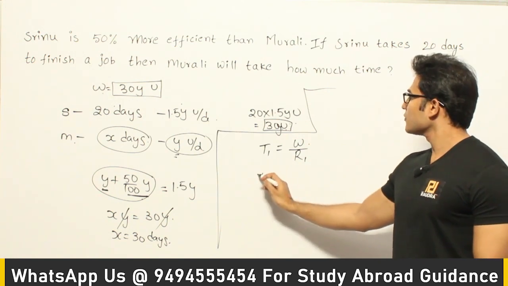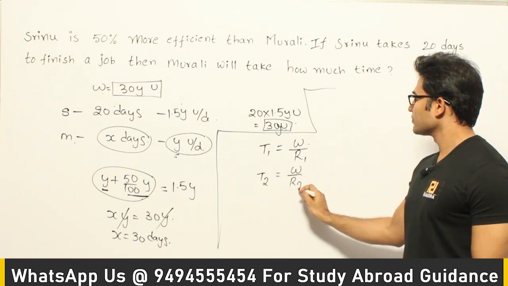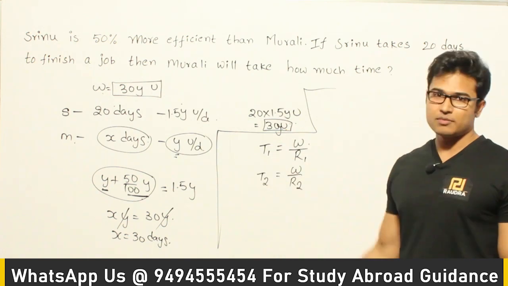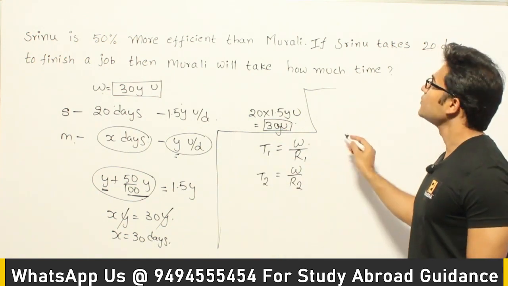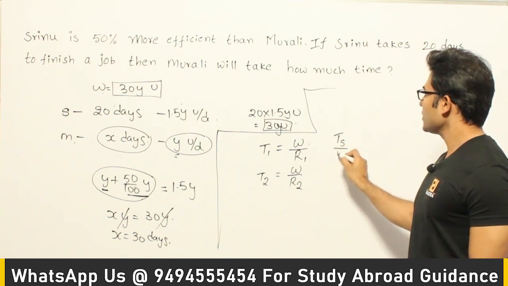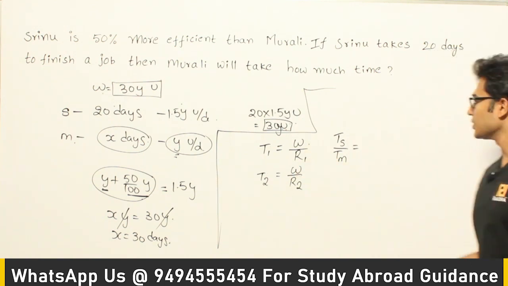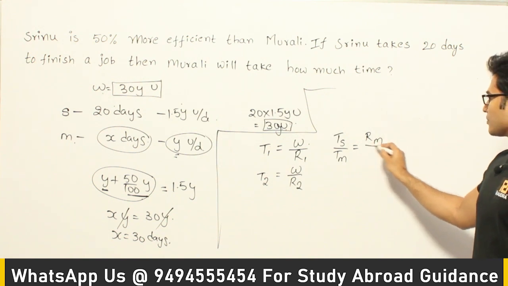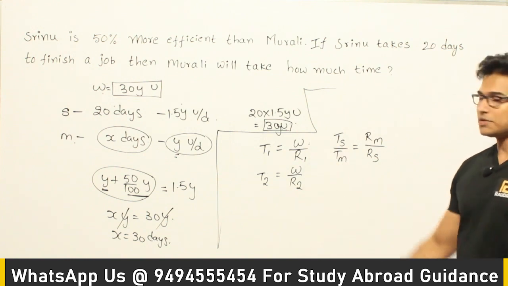Then what about the second one? T2 equal to W by R2. So time taken by the first person divided by time taken by the second person will be equal to R2 by R1, right? In this case, time taken by Srinu divided by time taken by Murali will be equal to, rates will be inversely proportional, the rate at which Murali is working divided by the rate at which Srinu is working, given that work is constant, isn't it?